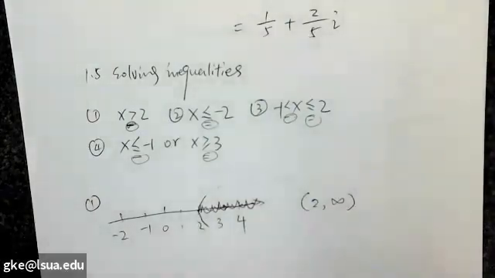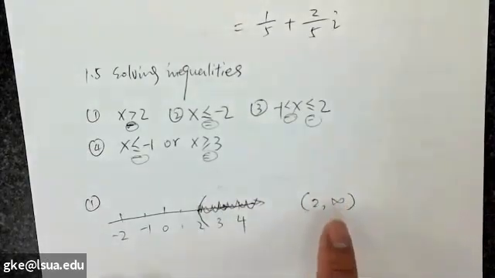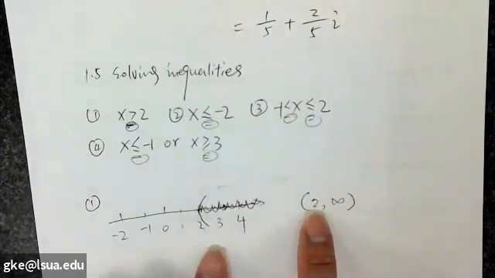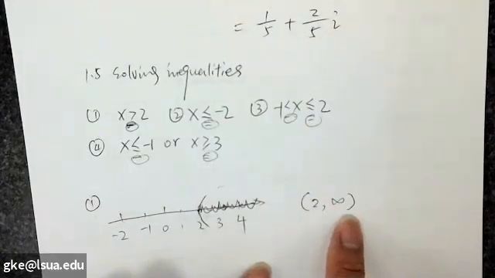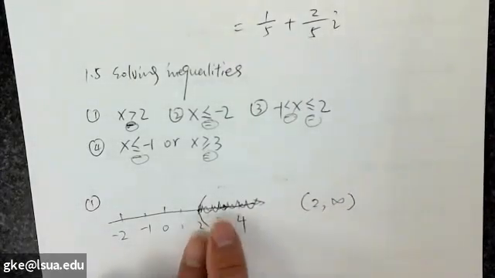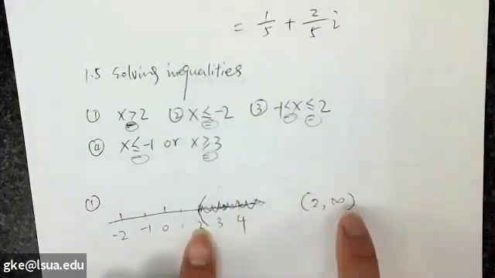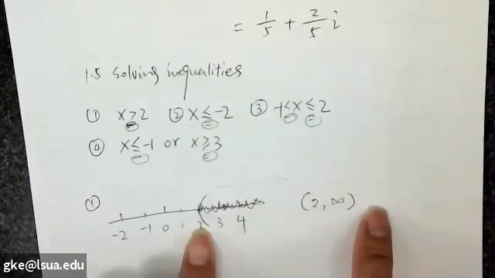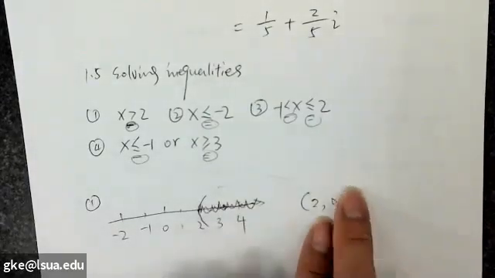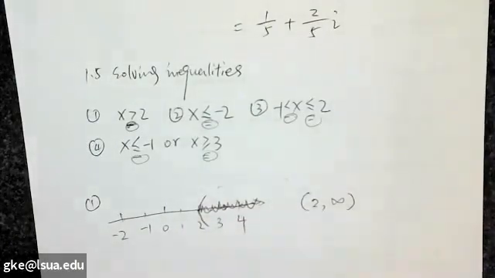So how do you write it? Always from the small value to the larger value. The first number is 2, the second number is the upper limit, infinity, and always use the round bracket for infinity.